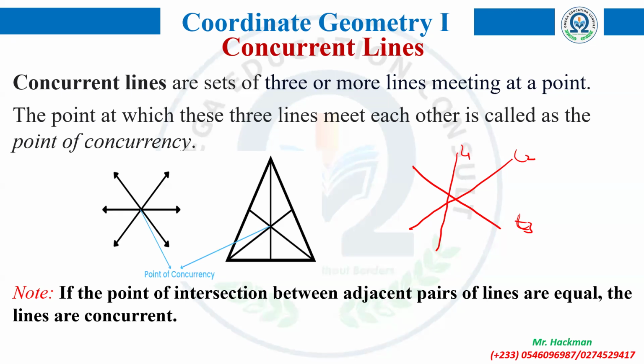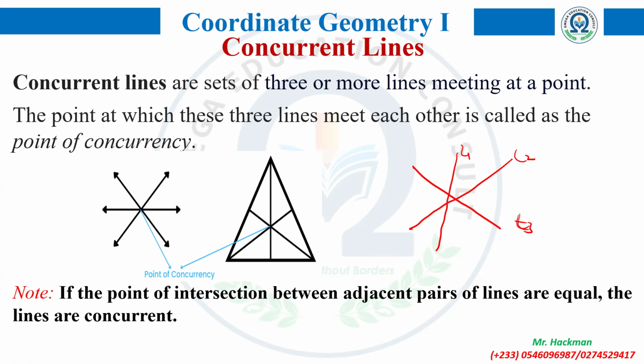No, you can see that line 2 and line 3 have a common point of intersection, but line 1 does not. If this one passed through the point of intersection of L2 and L3, then the lines would have been concurrent. You get the point?